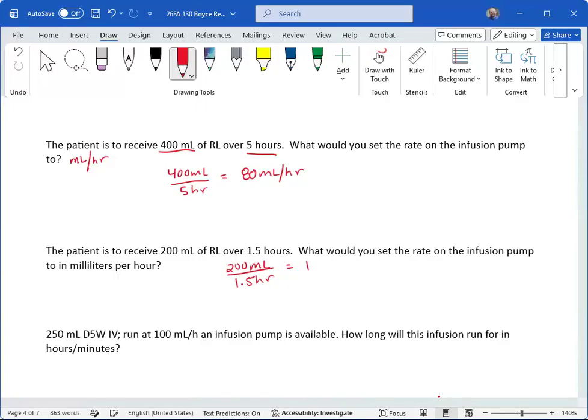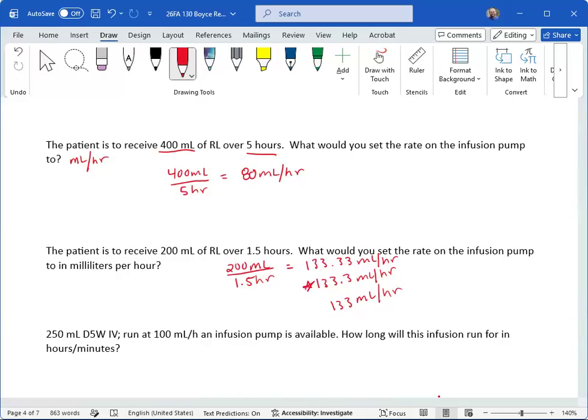I don't think you're going to get an answer like this, but if you do, technically, if the infusion pump allows you to do it, you can round it to the nearest tenth, but in reality, it's probably going to be the whole number. So the reason I'm saying this and why I'm writing three different answers is because I think this is what would be the correct answer in this instance.